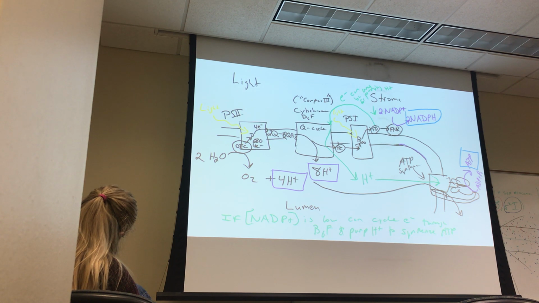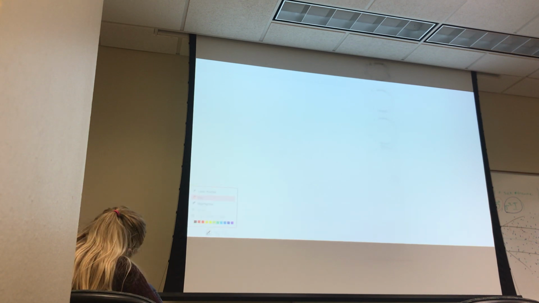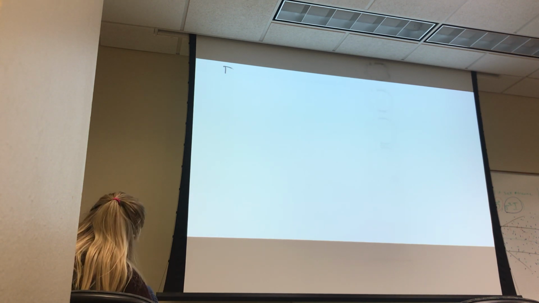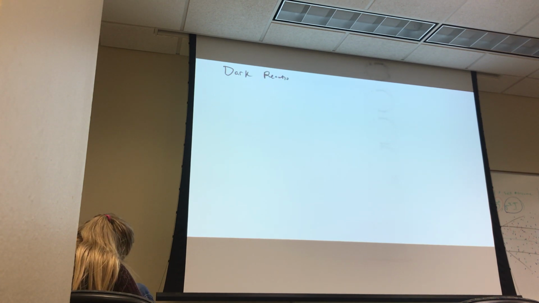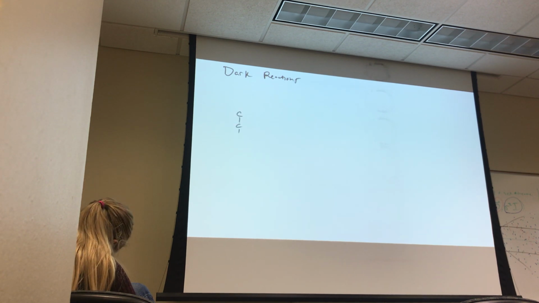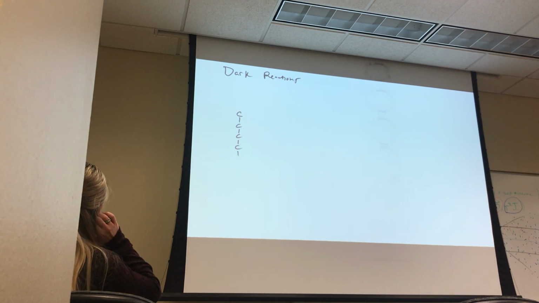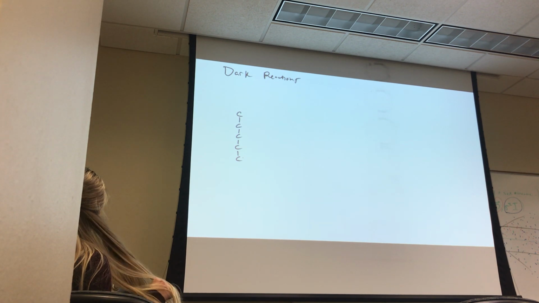Okay, dark reactions. You start with ribulose 5-phosphate, which you've seen already, in the pentose phosphate pathway. And if you look at all these intermediates, you've already seen them in glycolysis.